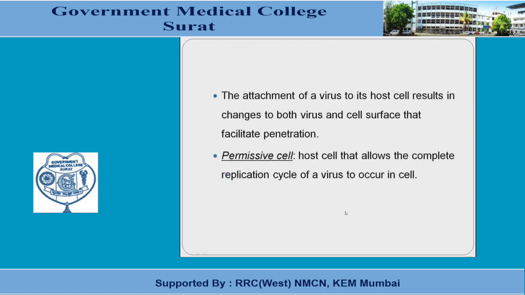The attachment of the virus to its host cell results in changes to both the virus and the cell surface that facilitate penetration. So there will be certain changes on the cell wall.